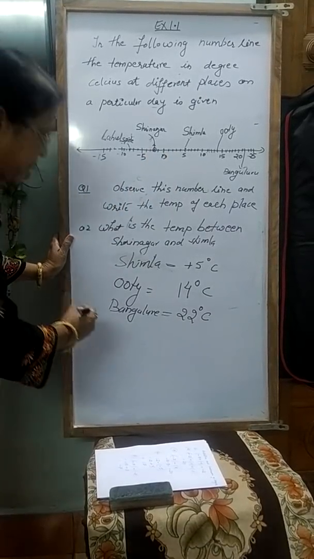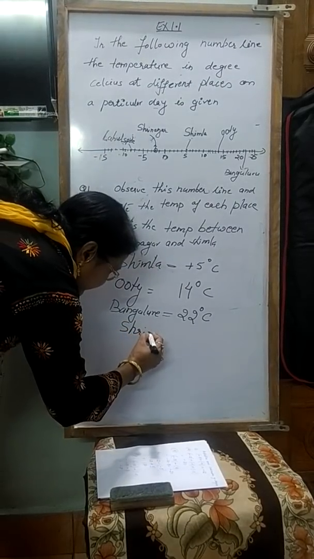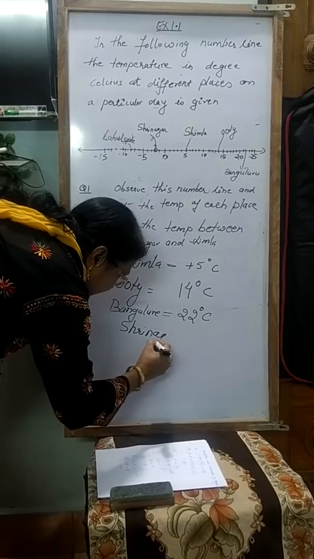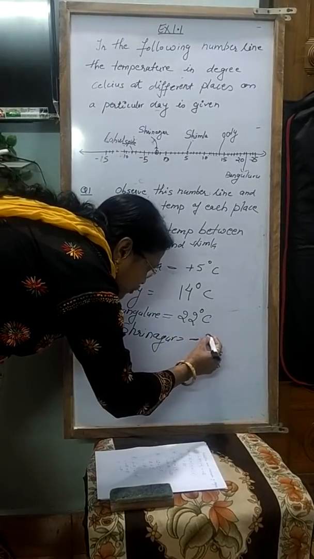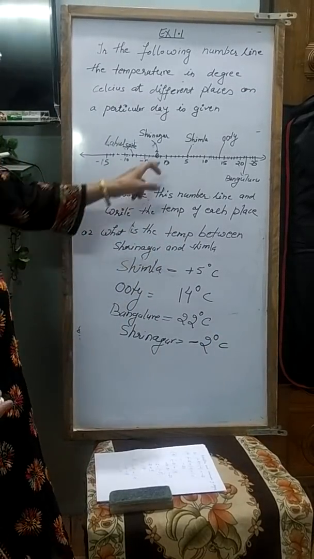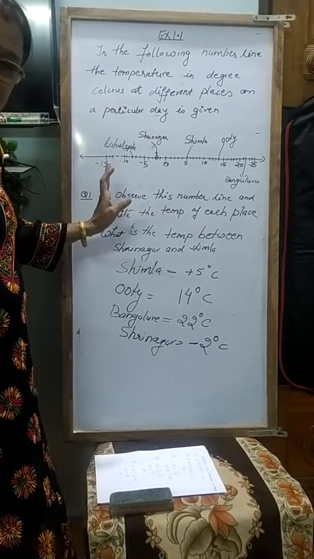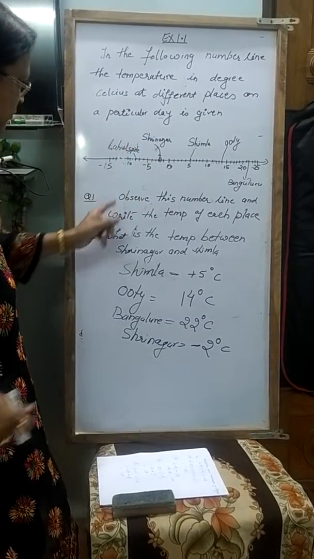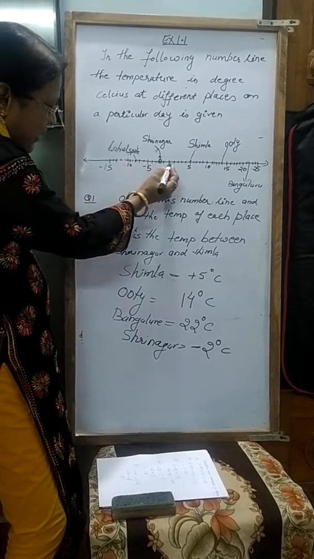It means the temperature of Srinagar is -2 degrees Celsius. The temperature of Srinagar is -2 degrees Celsius. Now next come to Lahaul Spiti. Lahaul Spiti, now see the temperature.